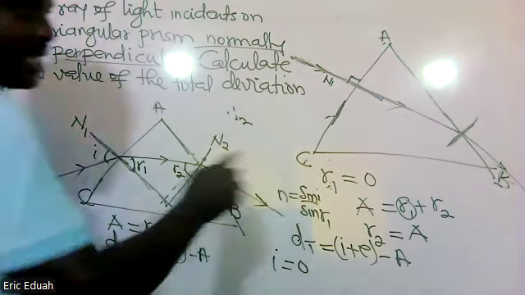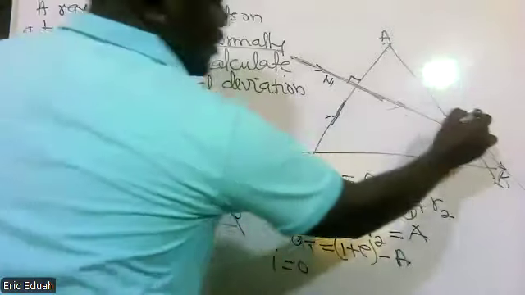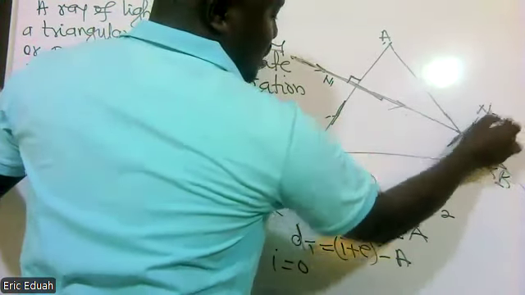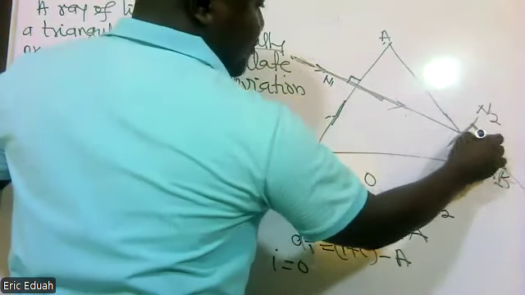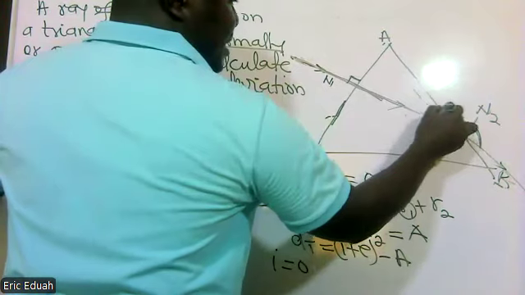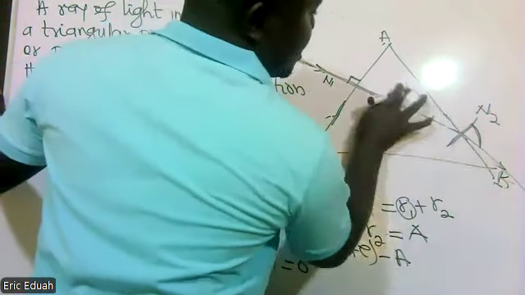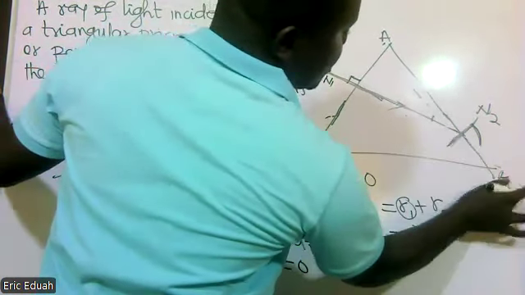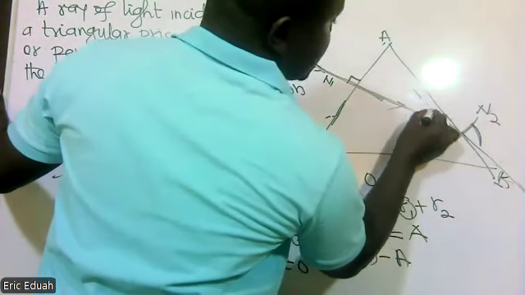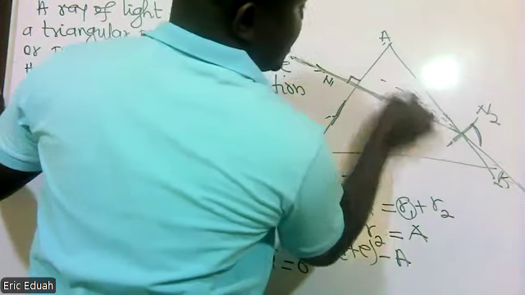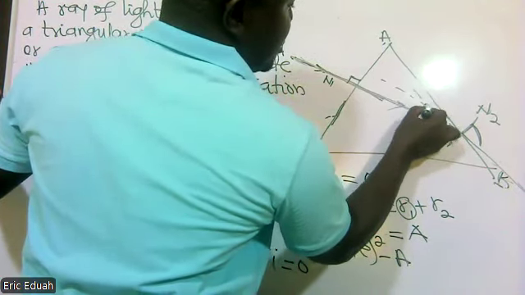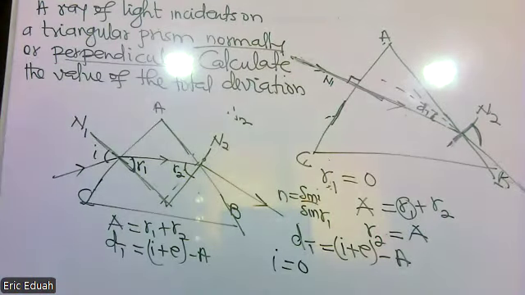But you need the angle of emergence, which is this angle. In order to find this deviation, let me extend this line properly. So when I extrapolate the emergent ray, this will be the total deviation, dt, which we are calculating.